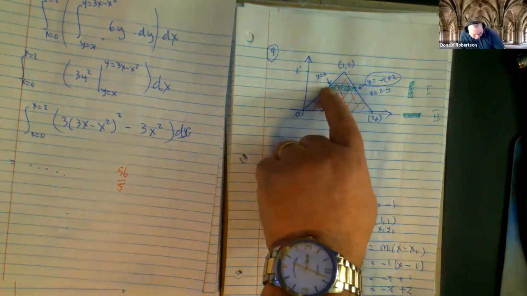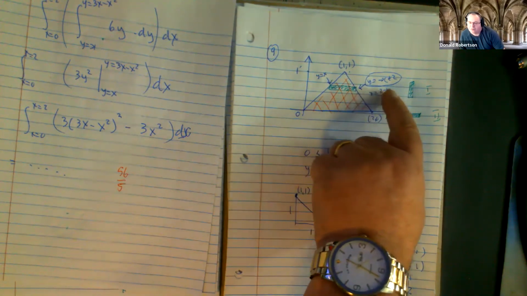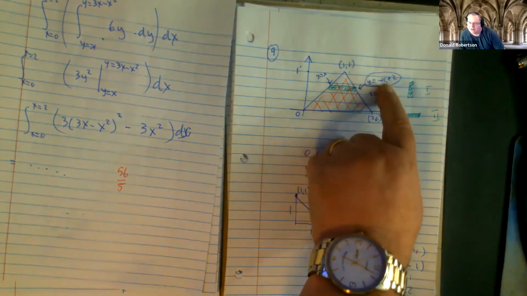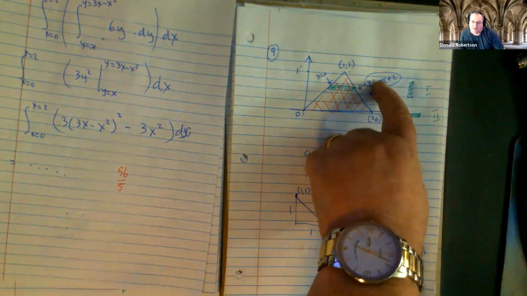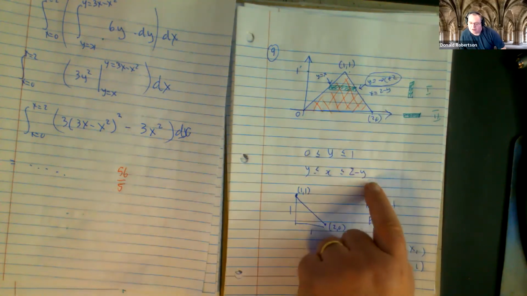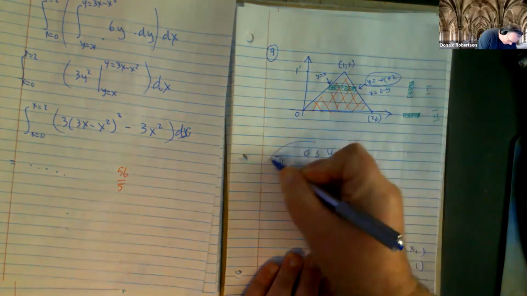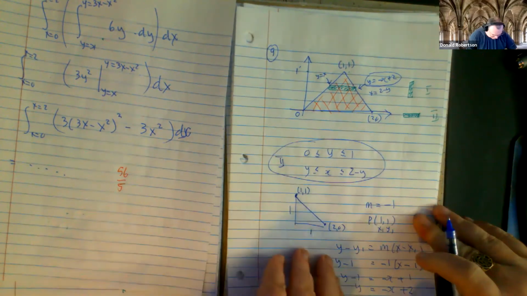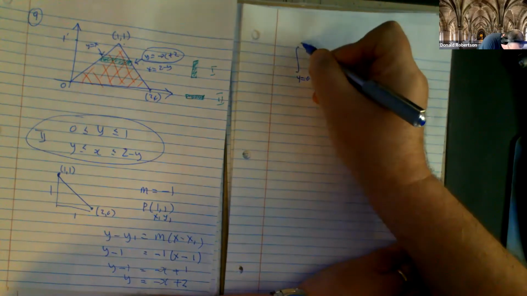But because of the orientation here, don't I really want to know what x is in terms of y, not y in terms of x? So I took this and I just rearranged it to add an x, take away a y, and we got that. So that there is a type 2, and that guy is going to be how we express d. So d is going to go from y equals 0 to y equals 1.